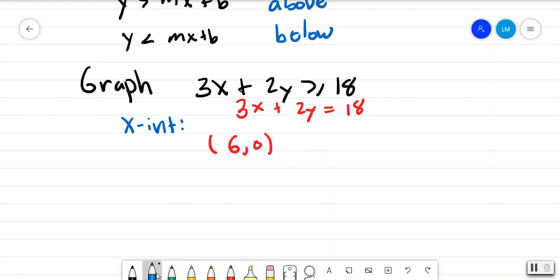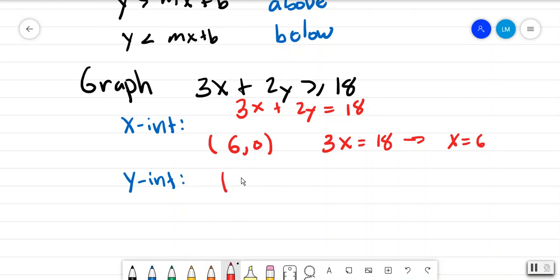In case you're wondering how I got that so fast, you take 3x and set it equal to 18, which gives you x is equal to 6. Similarly, we can find the y-intercept, which is going to be 0, 9.